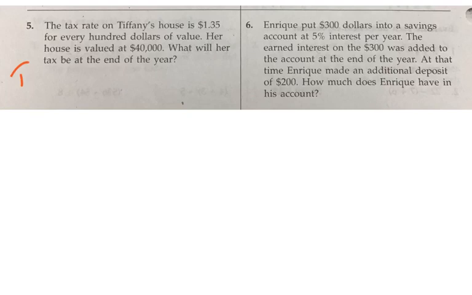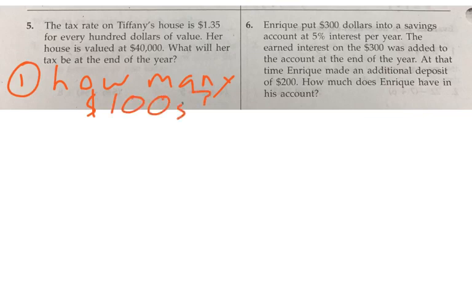So the first thing that I've got to do, so it's valued. Oh, sorry, my bad. So the tax rate is $1.35 for every $100. So first of all, I have to figure out how many $100 there are. And so I do that by taking 40,000 and I'm going to divide it by 100.